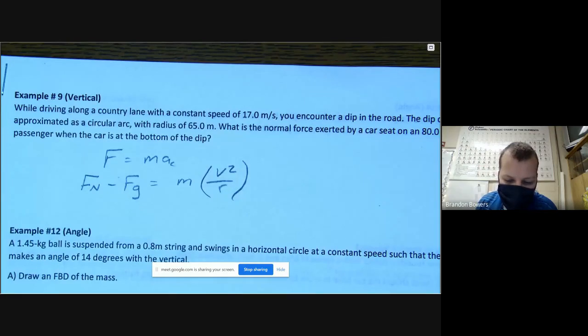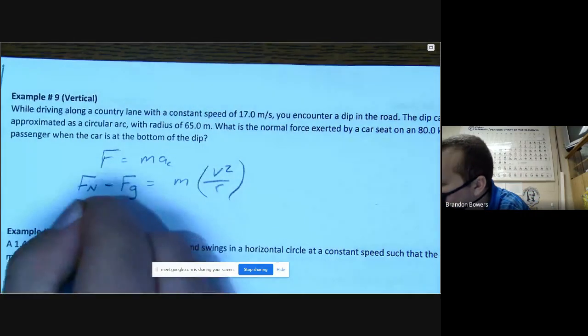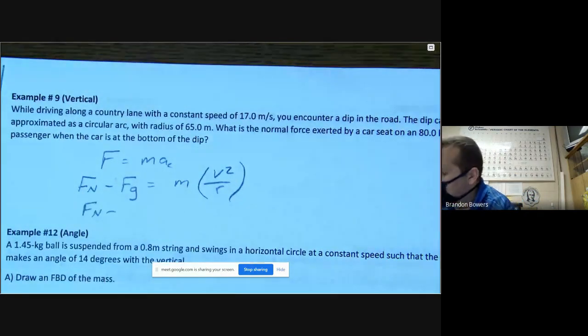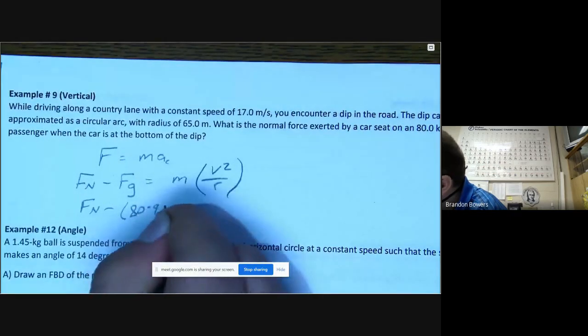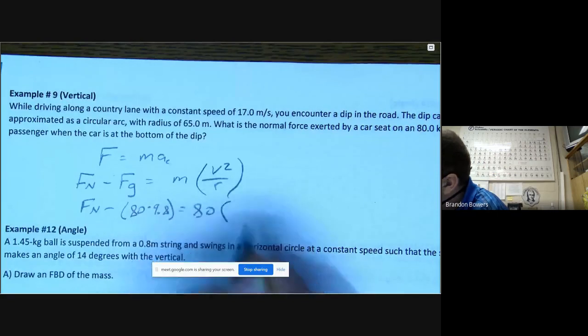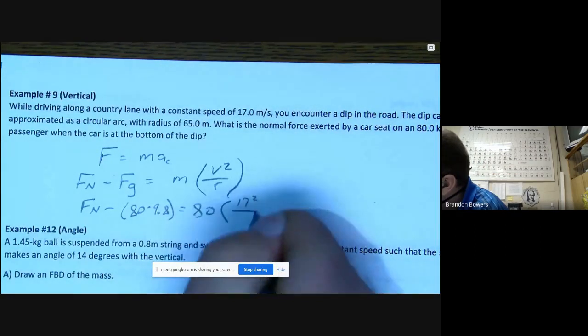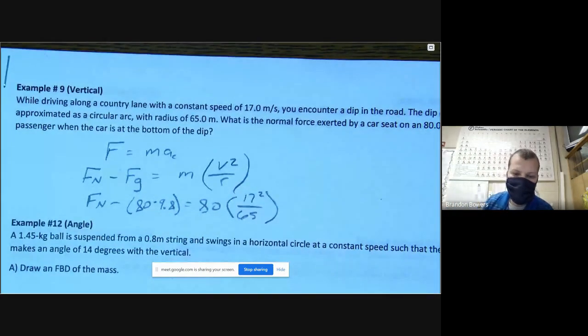We should have all our data. We know that force normal minus force of gravity is mass, so mass is 80, times acceleration due to gravity, is equal to mass, velocity squared, over my radius, which is 65. We have all our numbers. Would it be negative 9.8? When it's at the bottom, no, it's positive.